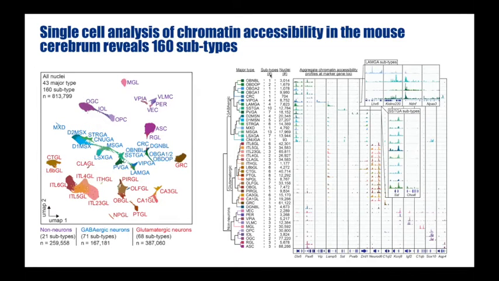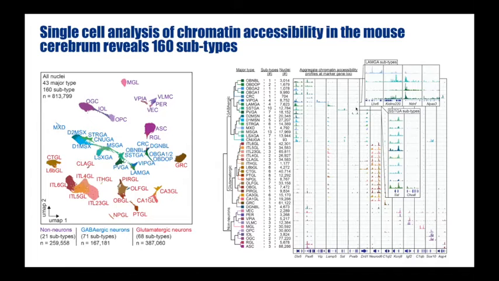For each cell type, we annotated the clusters according to previously published marker genes. Let me show you one example. Here we annotated one of the clusters as an SST positive GABAergic neuron, because we found the open chromatin signals are quite significant only in this cell type at the SST locus.